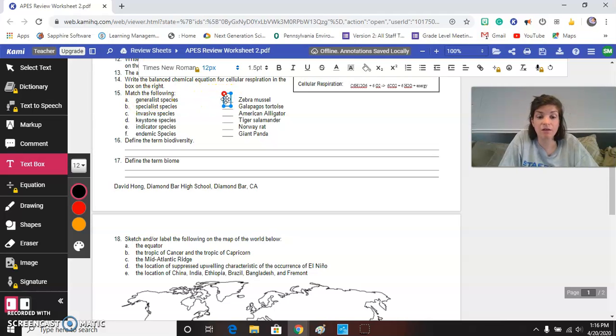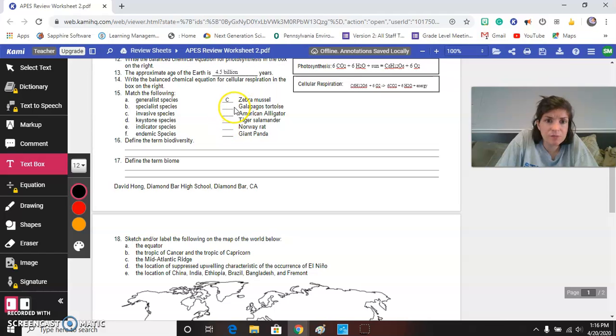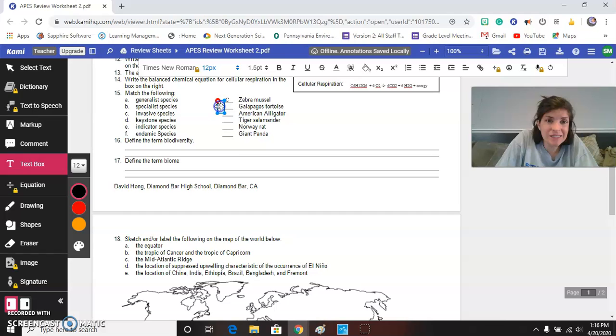Galapagos tortoise. All right, is going to be your endemic species, meaning it's not doing too hot.